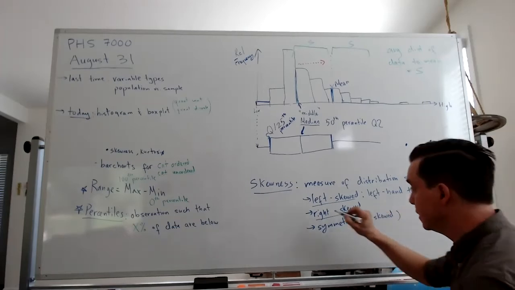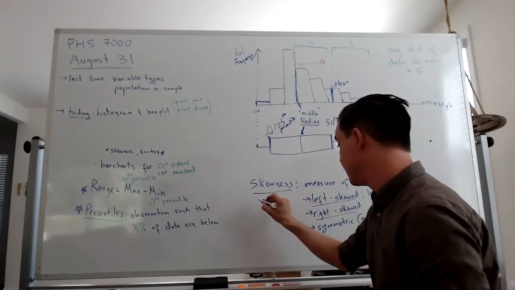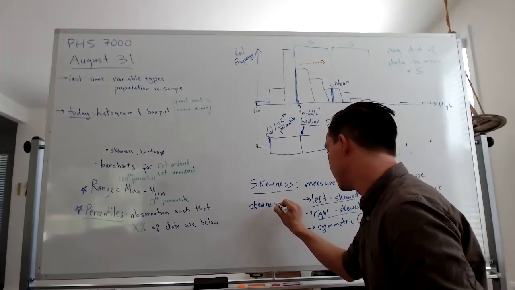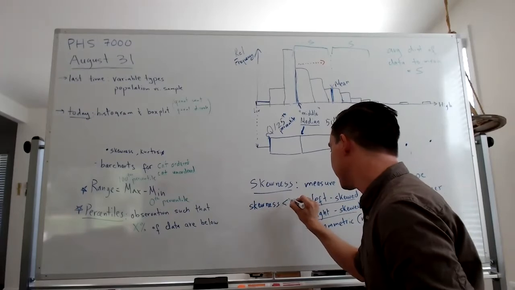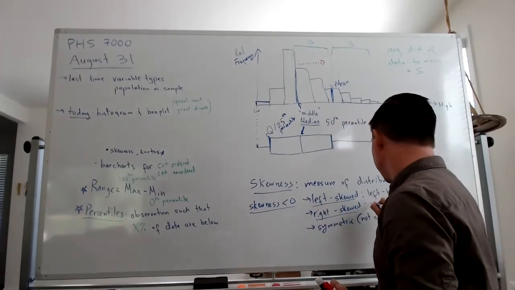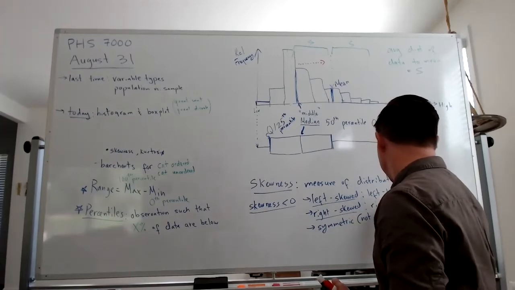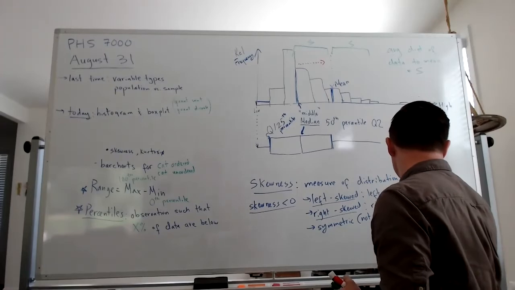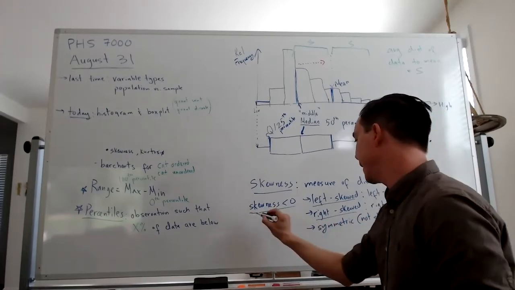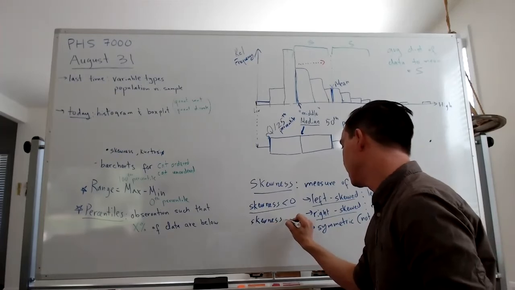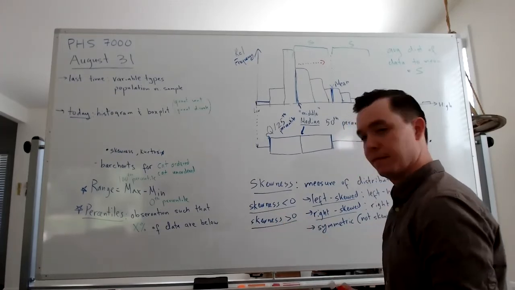And for a left skewed data set, we have skewness less than 0, negative skewness. For a right skewed data set, the right hand tail is longer and skewness is positive.